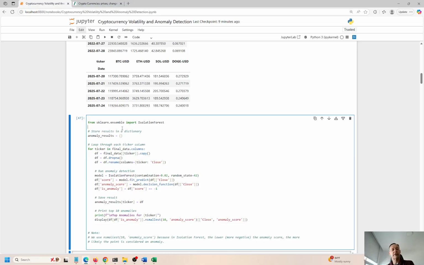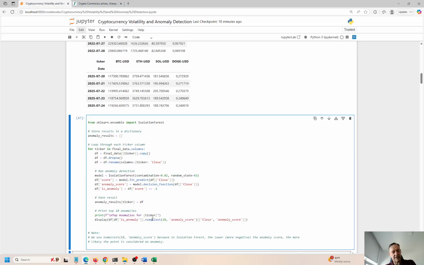Okay, so now I'm going to look at a concept called isolation forest. So we're going to look at the n smallest items in this list, and the anomaly score is actually looking at the smallest because in the isolation forest world, in this universe, the lower or the more negative the amounts means the anomaly score is more likely to point to a larger anomaly.